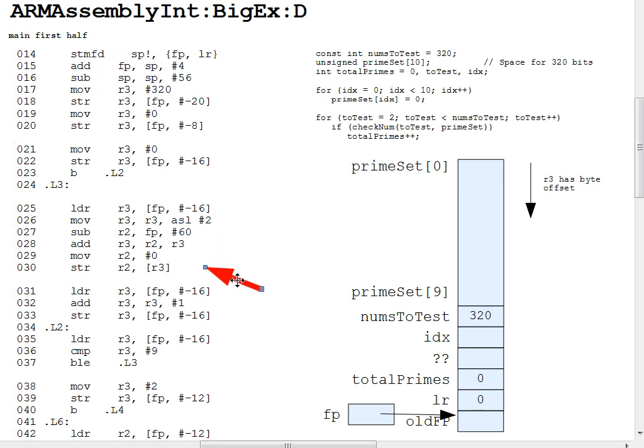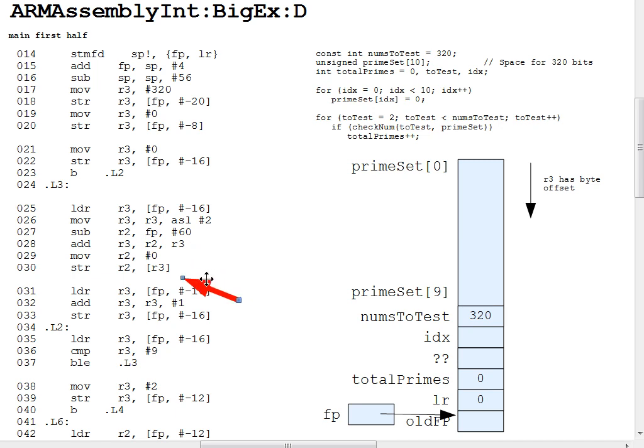Again, just to be clear, R2 under this computation would contain the address of prime set 0. Adding in the offset R3 and putting it back in R3 gets us the address of prime set bracket IDX, and then we store to that address.